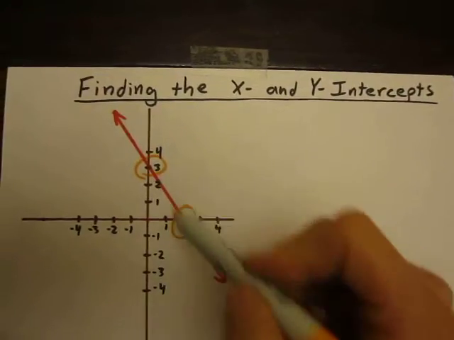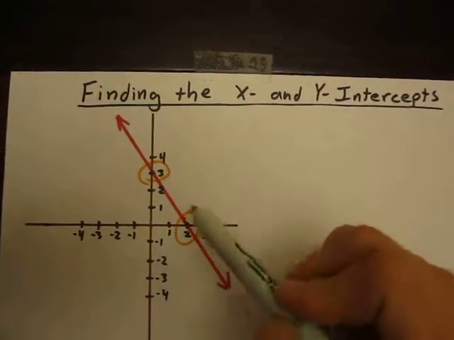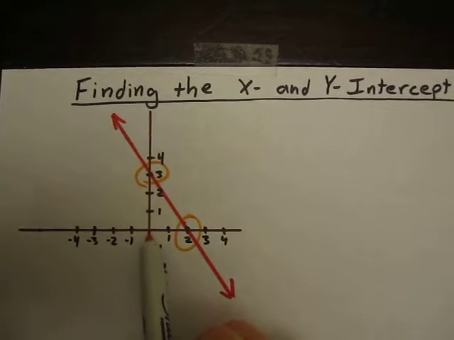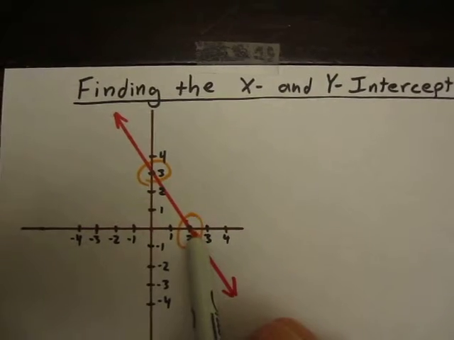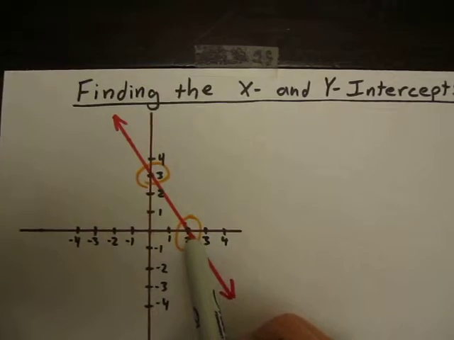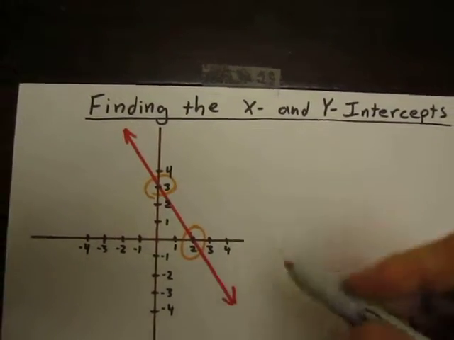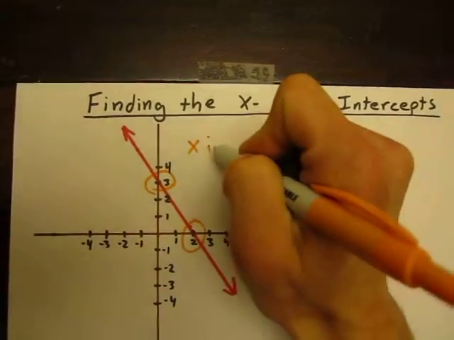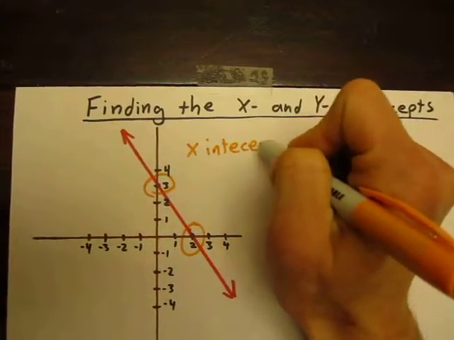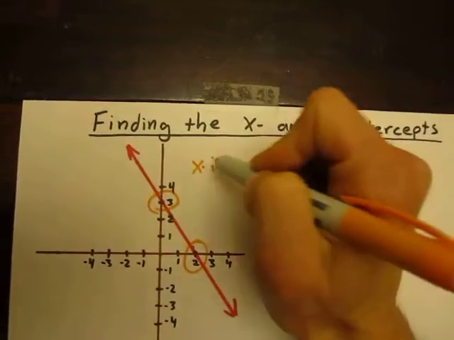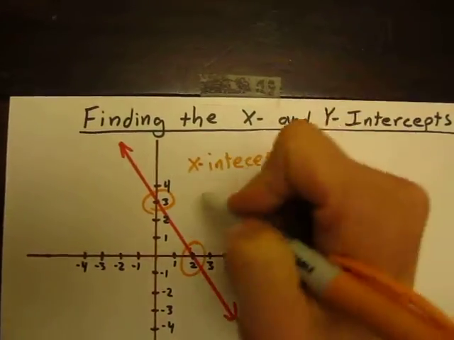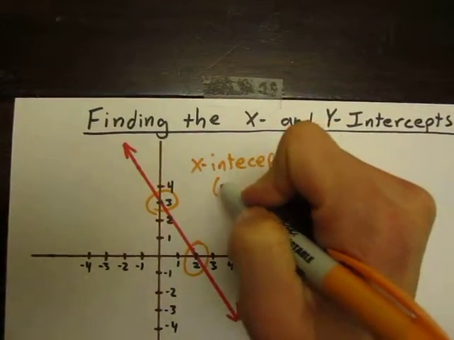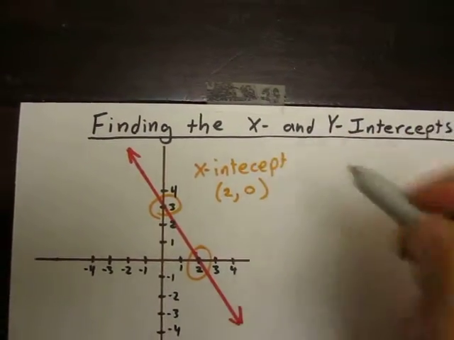So in this case, if we wanted to find our x and y intercepts looking at this line here, all we have to do is look at our graph, and we see again that the line crosses when x equals 2 and y equals 0. So our x-intercept is the point (2, 0).